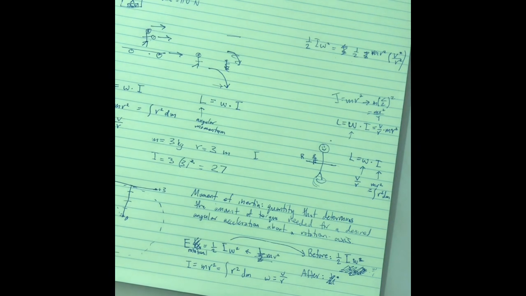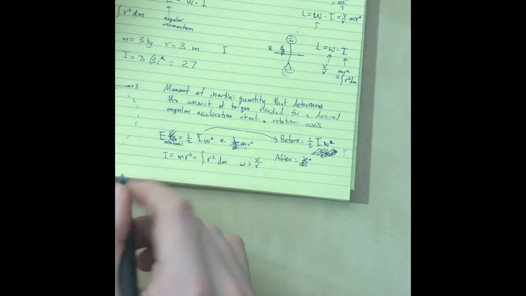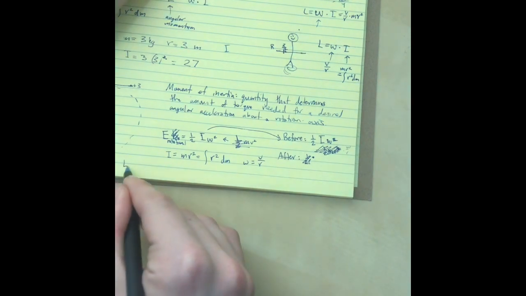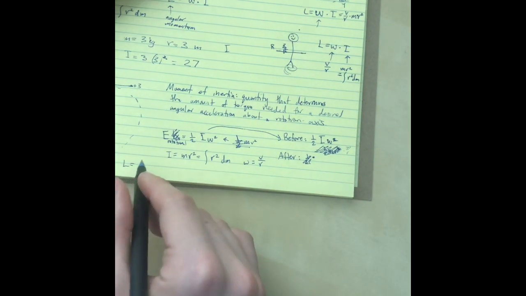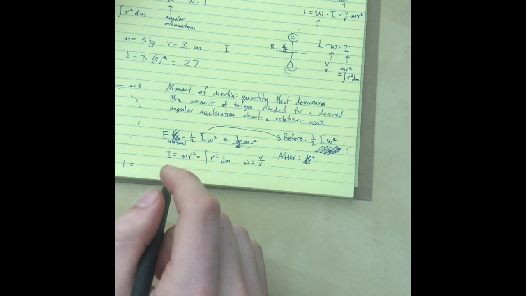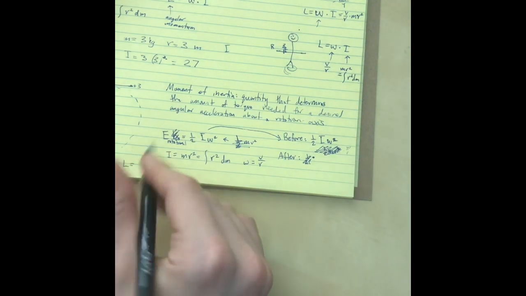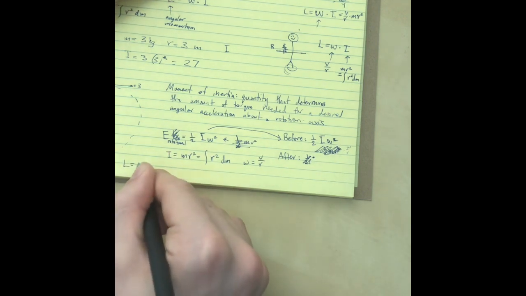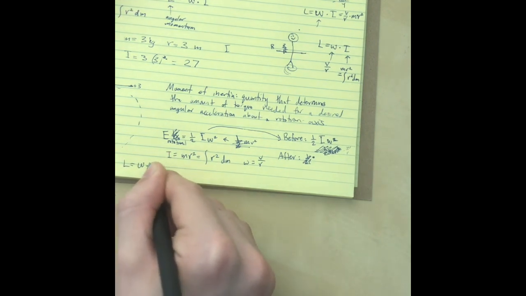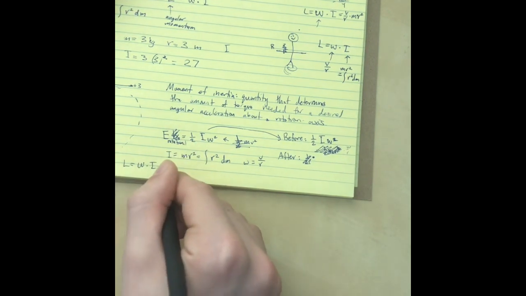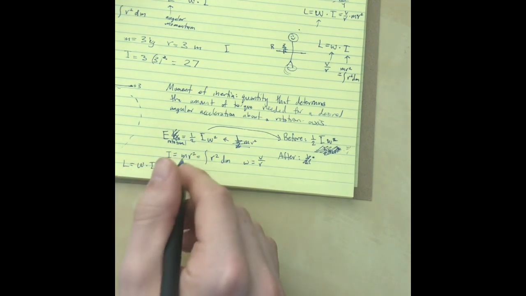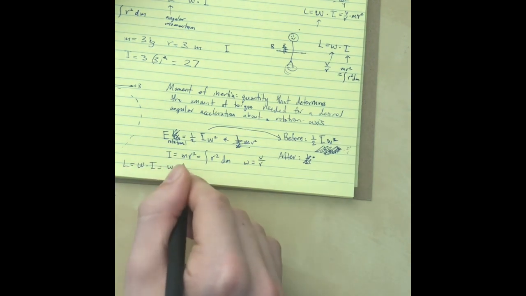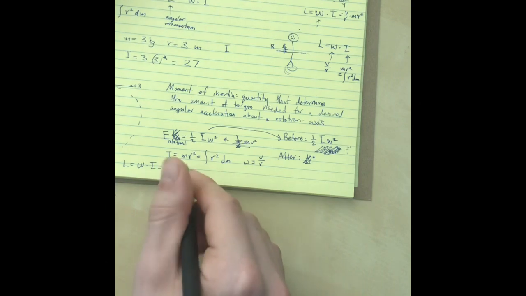What we're going to use is our formula for angular momentum. That equals angular velocity times moment of inertia, which, like we were writing before, we can simplify to angular velocity times mr squared.